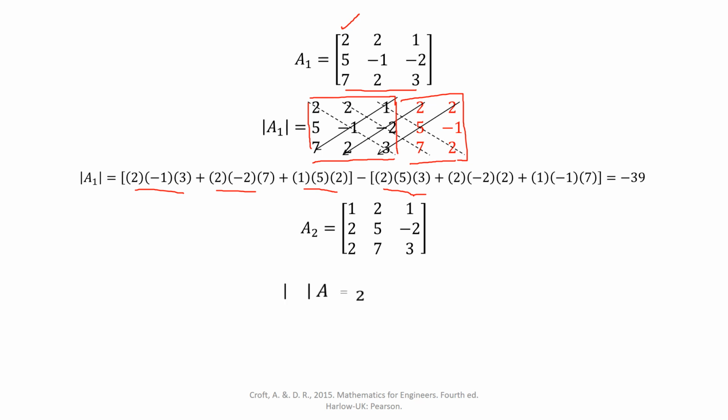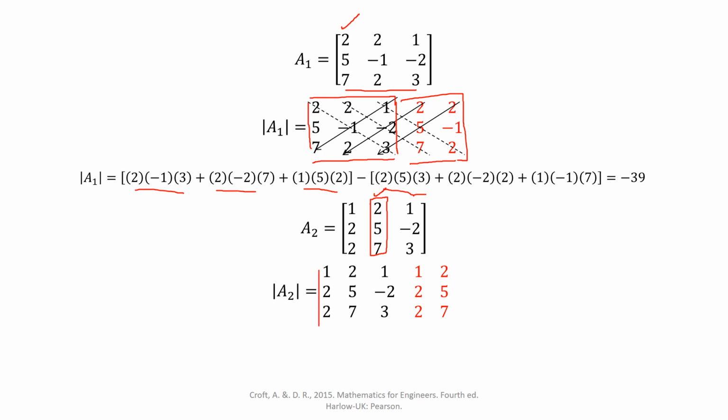Now in A2, we replaced column A with that constant matrix here. We replaced this column with the column of constants on the right side of the system.